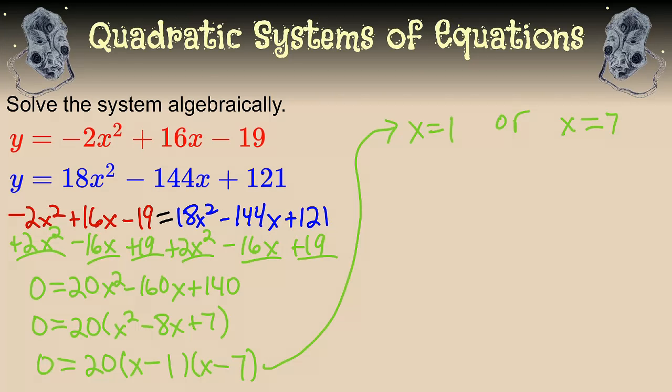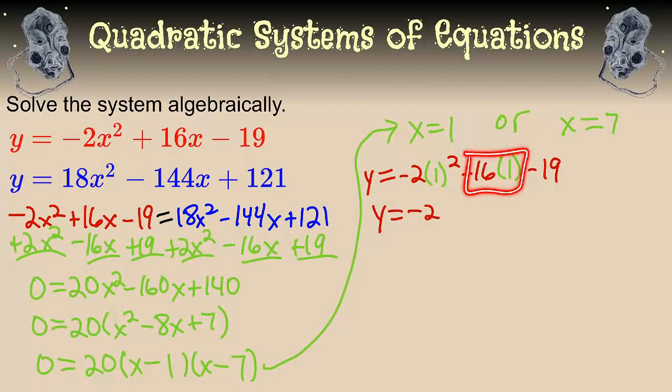And I can use either equation. For x equals 1, I'm going to use our red equation. y is equal to negative 2 times 1 squared plus 16 times 1 minus 19. So y is equal to, well, this is just 1. 1 times negative 2 is negative 2.